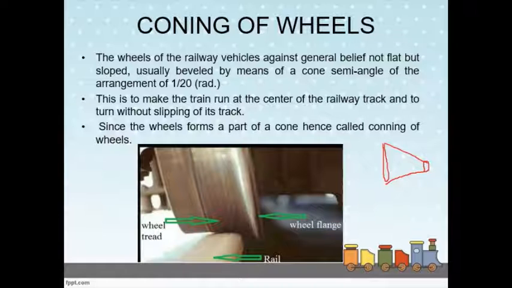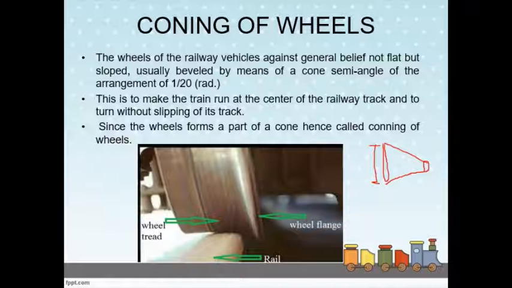The reason is that for one complete rotation of the cone, the distance covered by the two ends is different. The end with the larger radius covers a longer distance and the end with the smaller radius covers a smaller distance, which leads to the said rolling in a circular path. But how is this simple concept useful in railways?